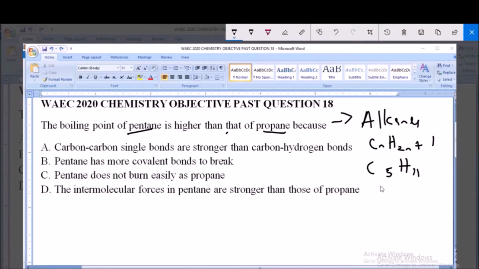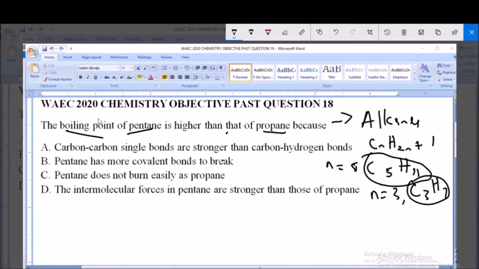Meanwhile, for propane, n is equal to 3. So you have C3H, 2 times 3, 6 plus 1, 7. So this is pentane, this is propane. Now we are asked why the boiling point of pentane is higher than that of propane.